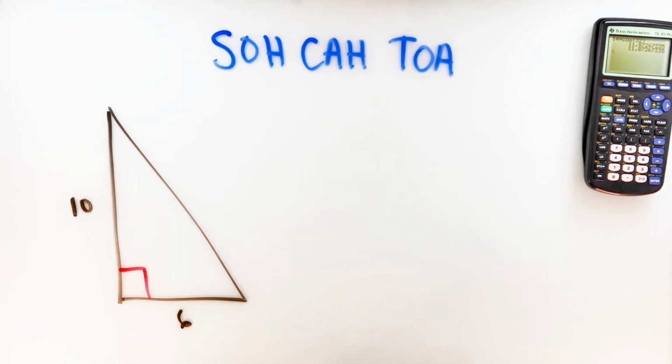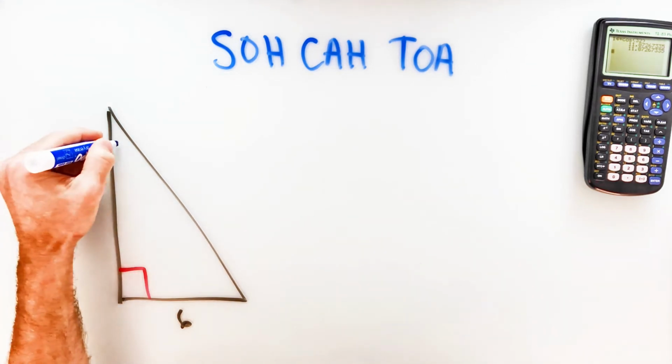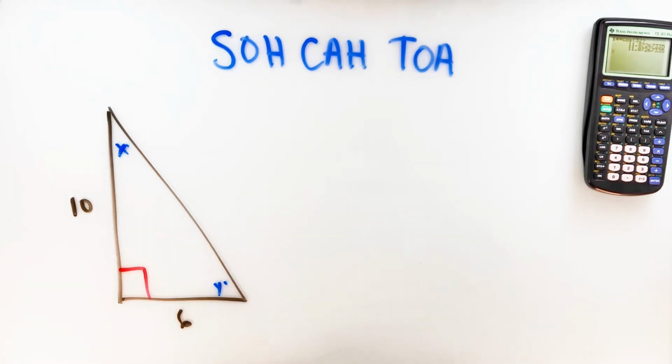So in this case we've got two sides. Let's say neither of the acute angles are known, so x and y are going to be those two angles, and then z is going to be the length of the hypotenuse. Okay, so we've got, again, three things missing, two angles, one hypotenuse. We've got the right angle, 10 and 6 for the two legs.